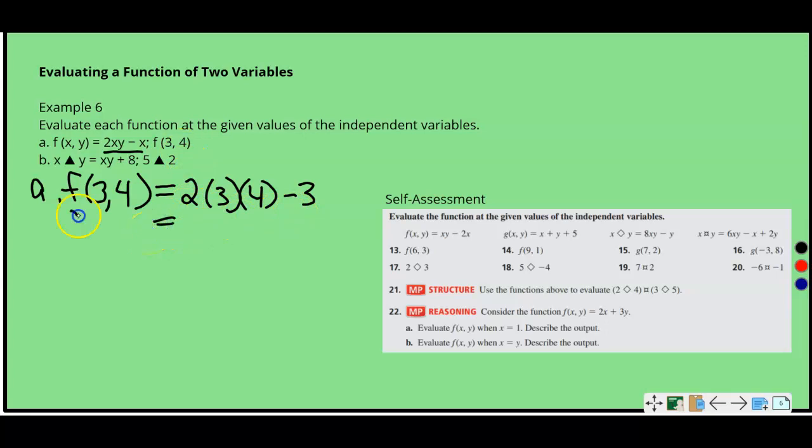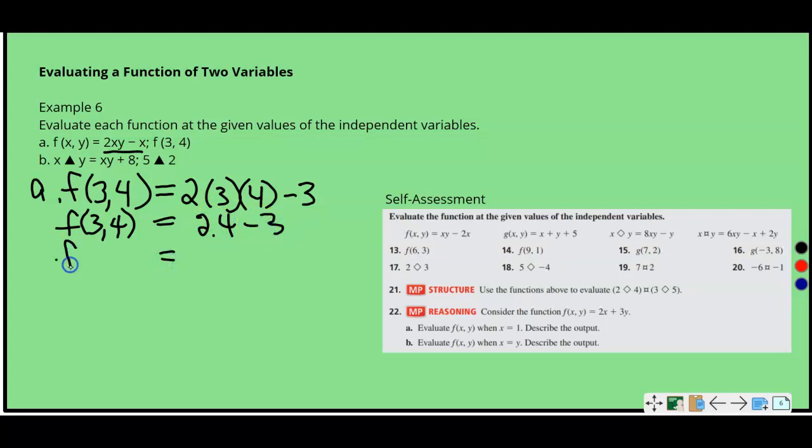All right, so remember this is the name of the function, so it stays the same. We don't do anything with the left side here. Again, this is just telling us that our x is 3 and our y is 4, and that's what we're inputting to this function. On the other side, we've got 2 times 3 is 6, 6 times 4 is 24, so we've got 24 minus 3.